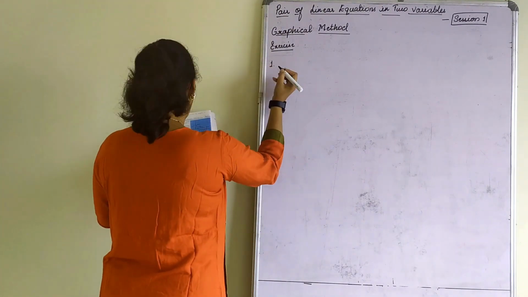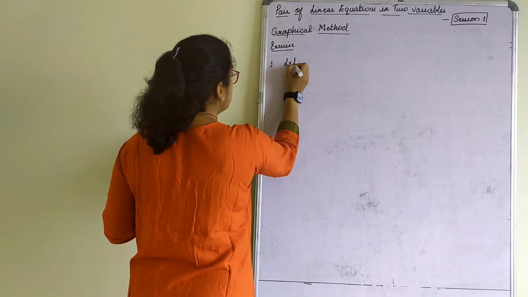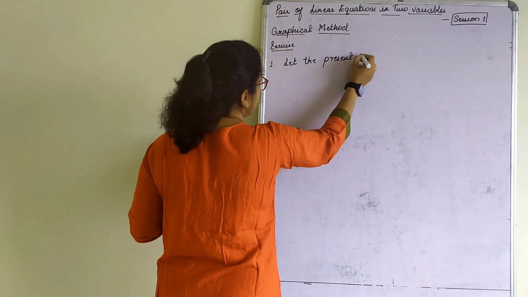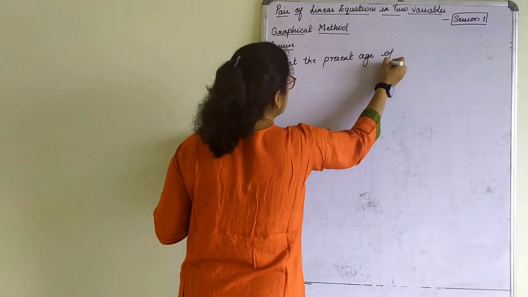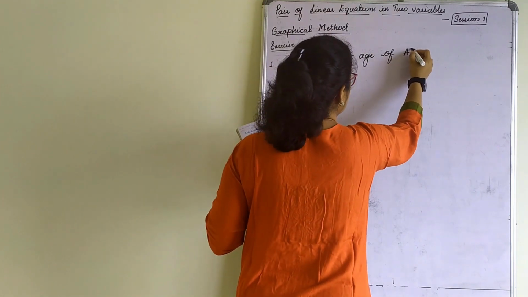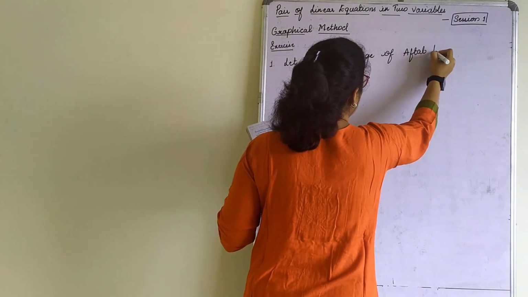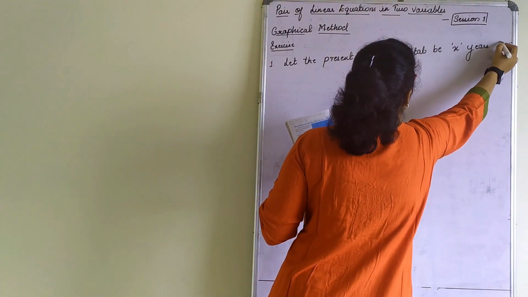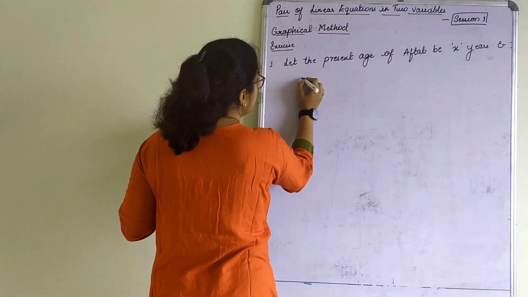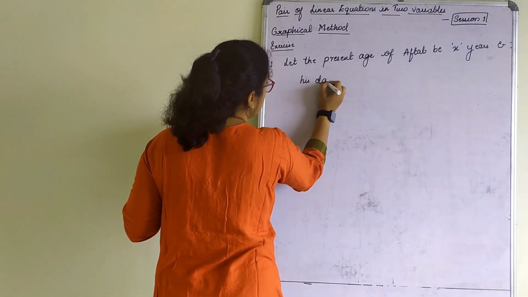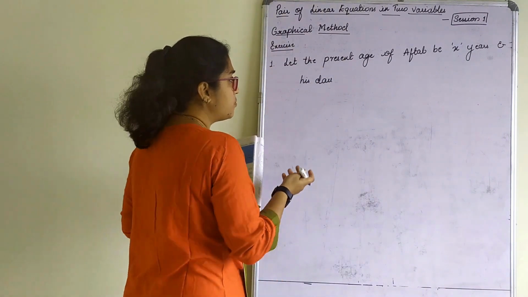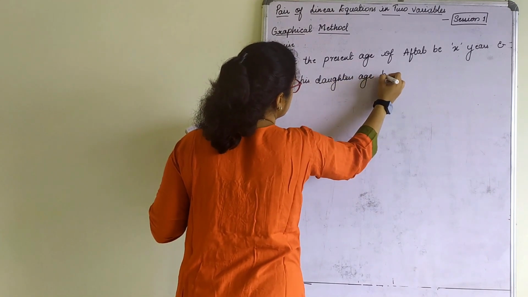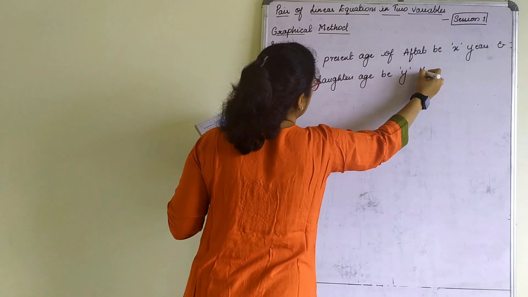So the first one, I will assume that let the present age of Aftab be x years and his daughter's age be y years.